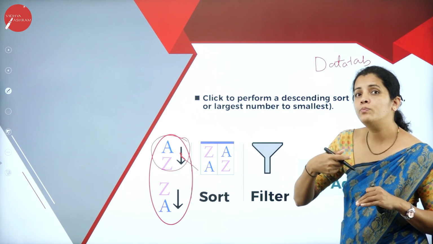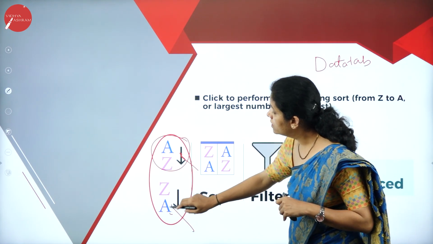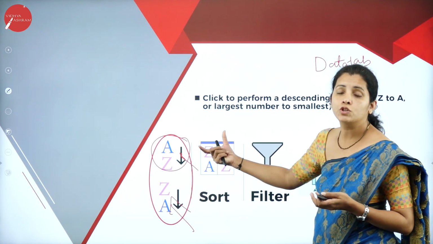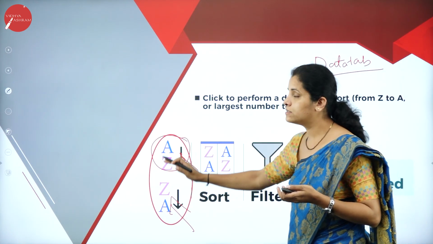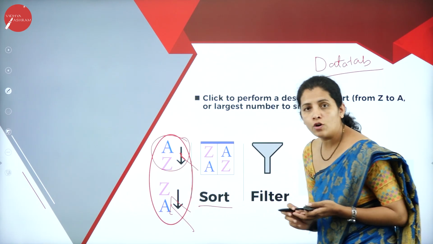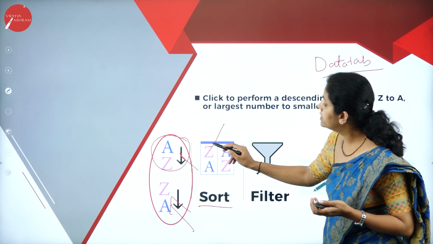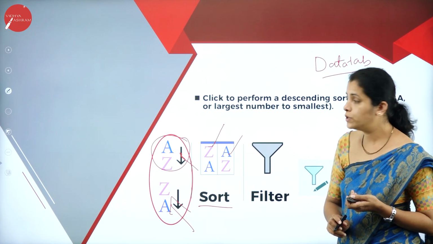Suppose I want to perform descending order, then I want to select this one. This is in the data tab, and here I'm going to have the sort option. Here is descending order, that is Z to A, and this is ascending order, A to Z.